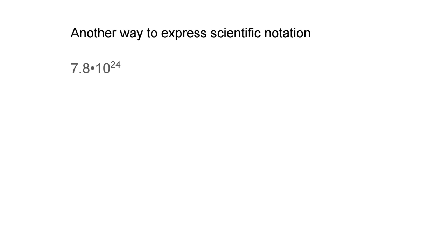Now, I wanted to really briefly talk about another way scientific notation might be expressed. You might see this maybe in a textbook, often on your calculator, sometimes even on your phone.